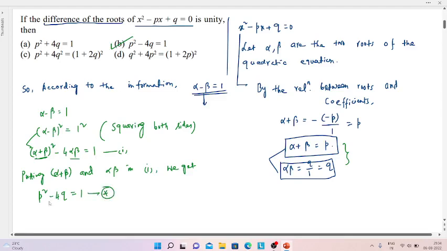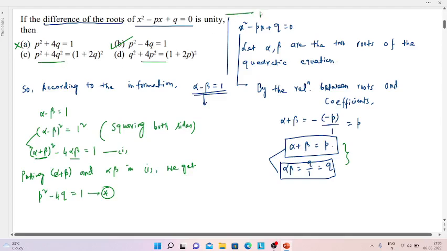So definitely you can't say that option A will be correct, because we can't make this expression p square plus 4q equals to 1, right? But option B is exactly the same as this option. After that, we can try to make this expression into either this form or that form.